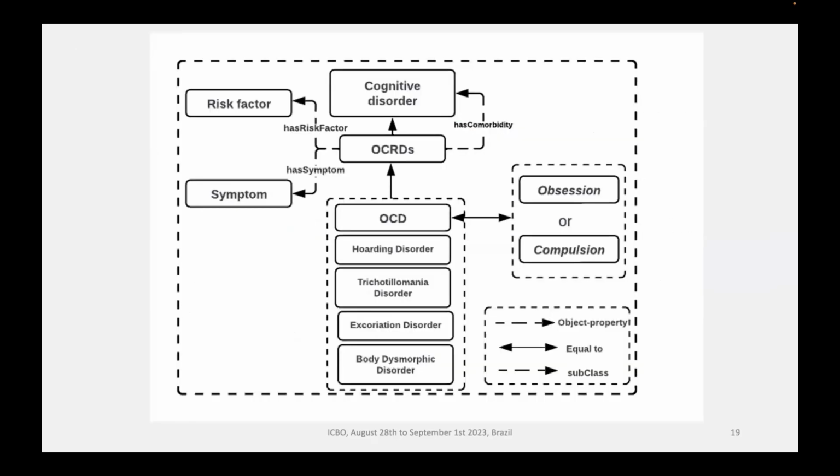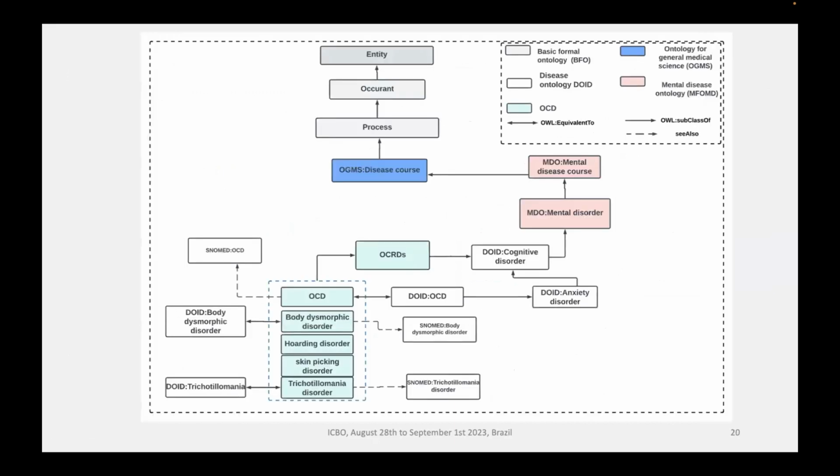So here we can see when we want to define OCD in the OCD ontology, we define it as a subclass of obsessive-compulsive related disorder and as equivalent to obsession or compulsion. So we created our own class, giving our own definitions, and then we keep a link to a predefined class.